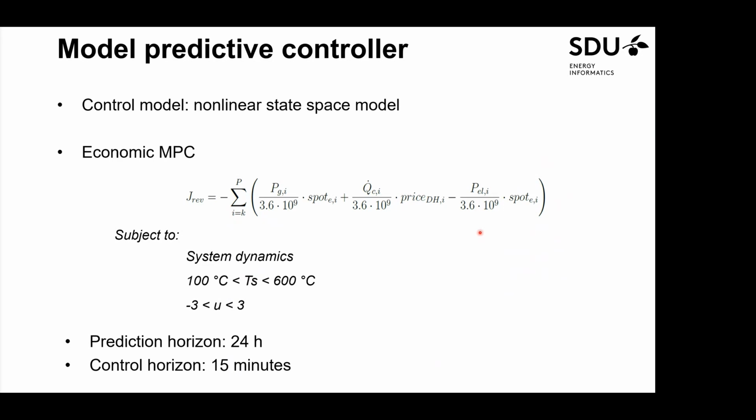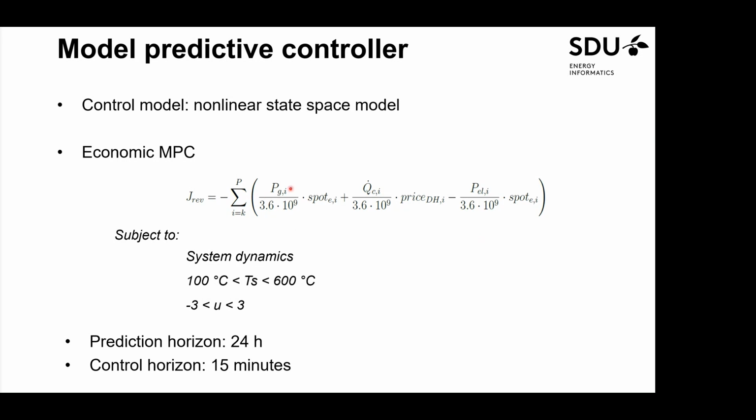For the details of the MPC controller, the control model is a nonlinear state model, and it's also an economic MPC, where the objective is to maximize the benefit of the high temperature thermal storage tank. In this objective function, you have 3 terms.